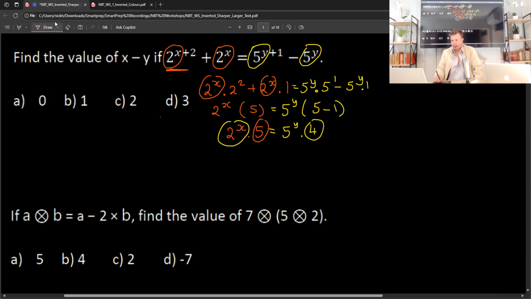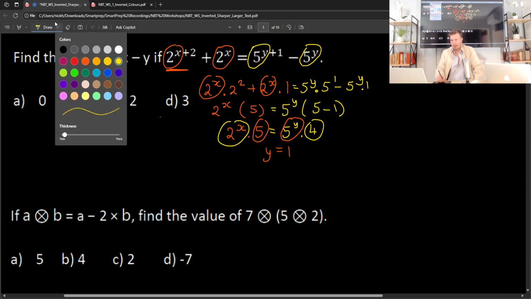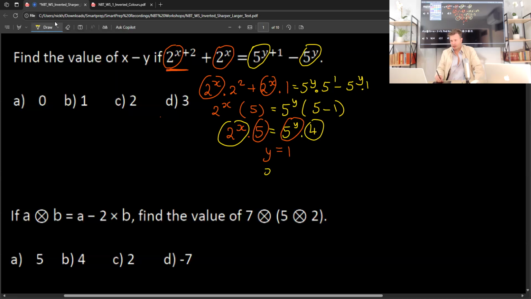And this has to equal that. So 5 to the 1 gives you 5, so y is 1. And 2 squared is 4, so x is equal to 2. What do we have to say? x minus y, right? So 2 minus 1 is 1.